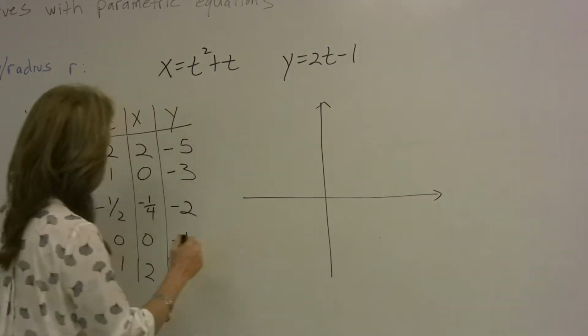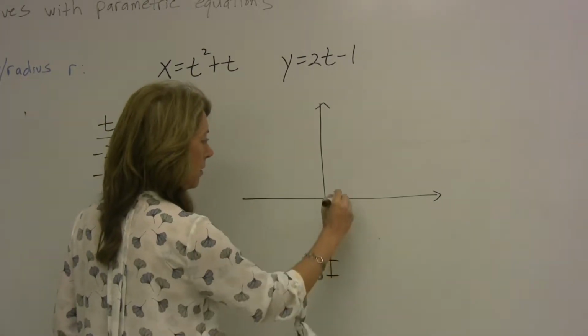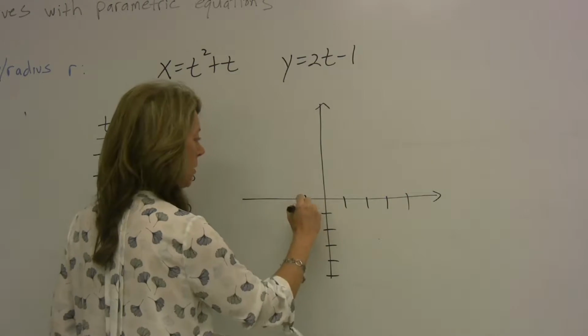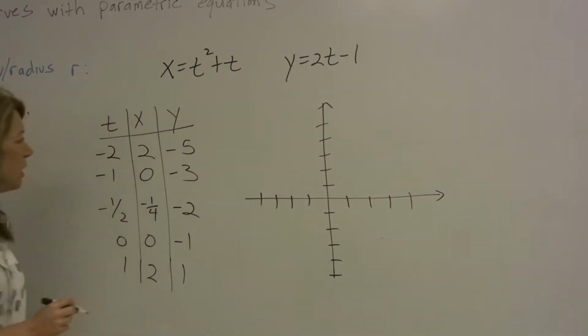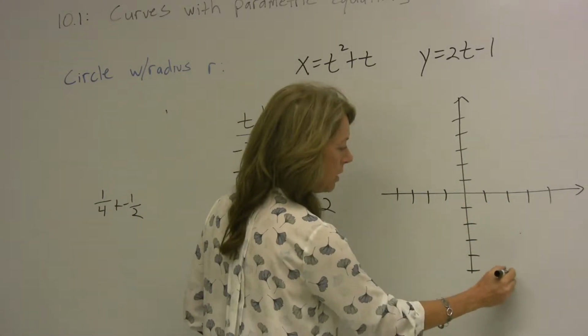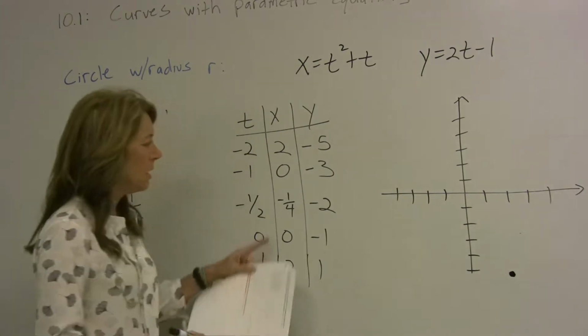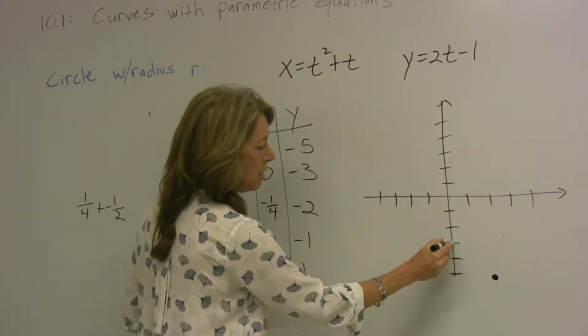So I have to reach all the way to -5. So I'm starting at 2, -5, which is here. Then I'm at 0, -3, which is here.